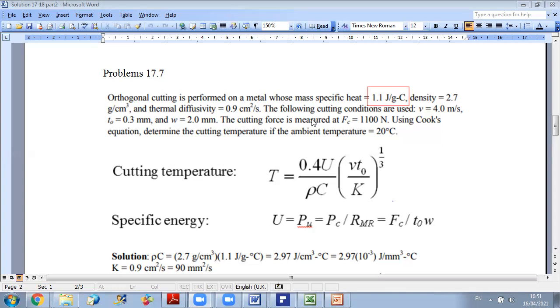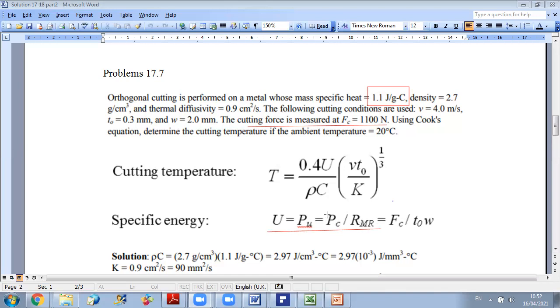Sometimes if they don't give you the material, you can find it another way. In this problem, they gave us the value of the cutting force, and we know by definition that the specific energy is given by the ratio of the cutting power over the removal rate.